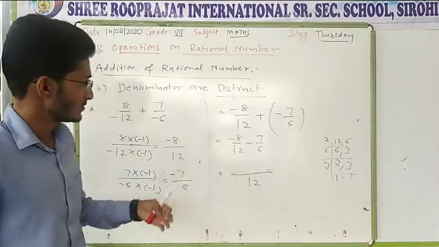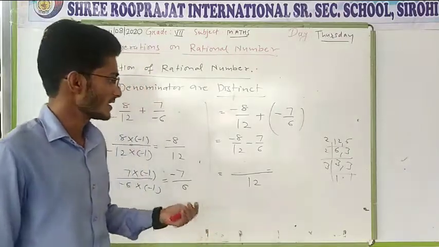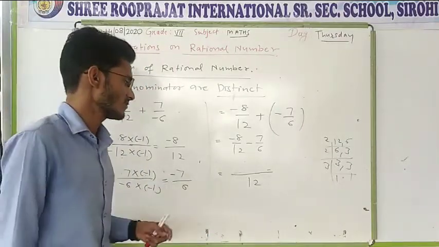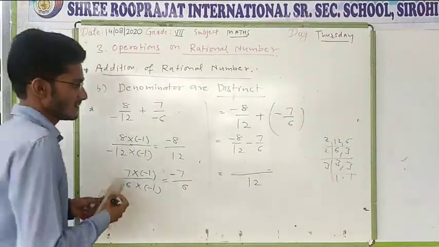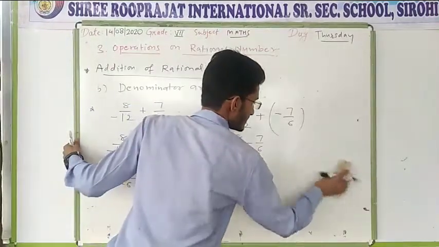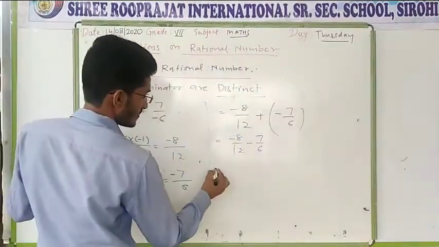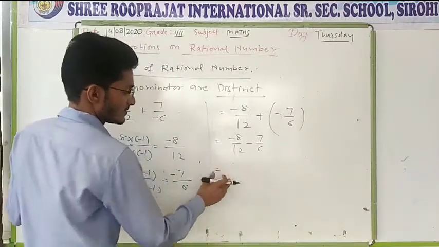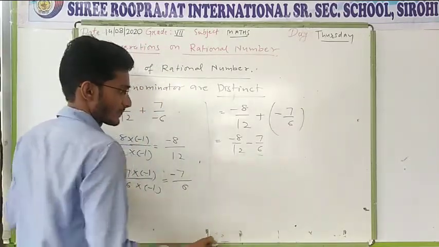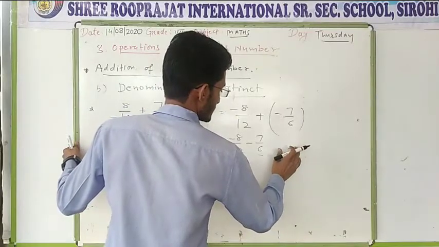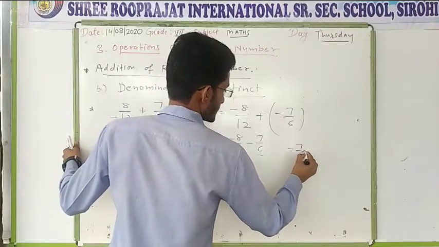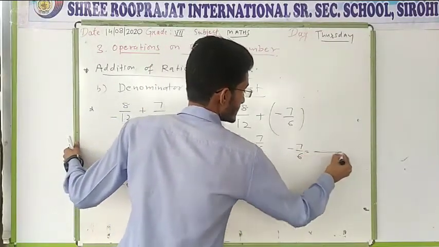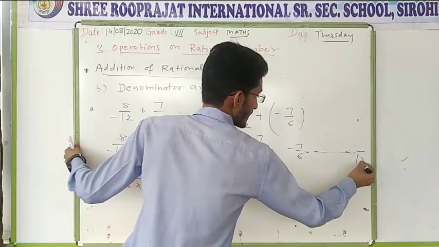So now, if you want to change into the same or equal denominator, you can change it, or you can solve directly. Let's change first. Minus 8 by 12 is already given, you have to just change this one. Minus 7 by 6, in place of 6 you need a 12.